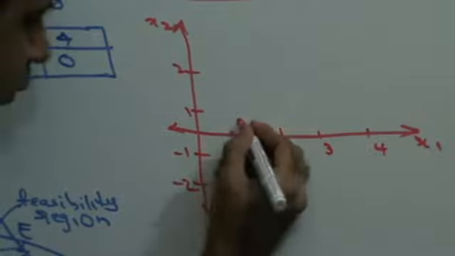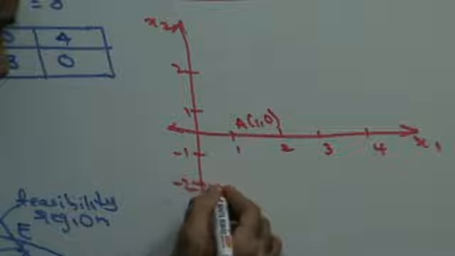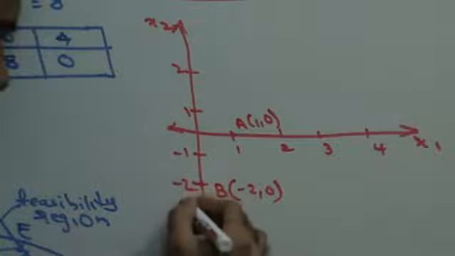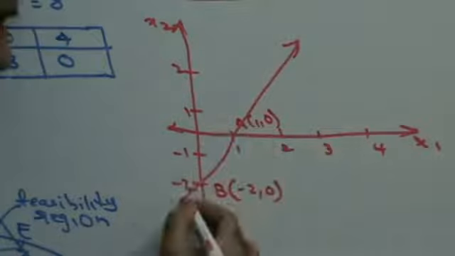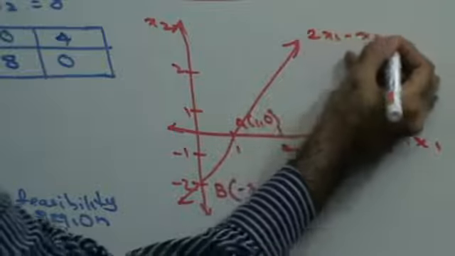Now x1 is 1, so this is going to be that point A, 1, comma 0. x2 is minus 2, this is going to be that point 0, comma minus 2. So in that case, this line will be like this. Equation of this line is 2x1 minus x2 is less than or equal to 2.